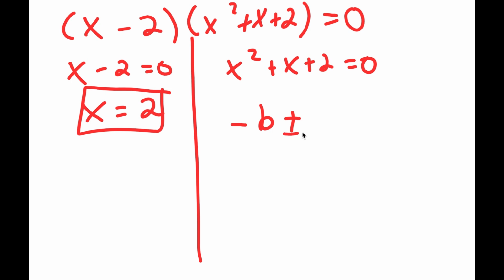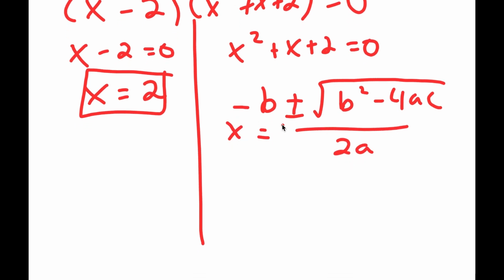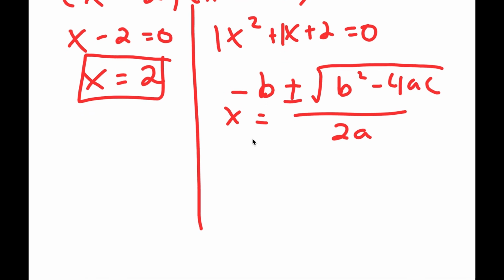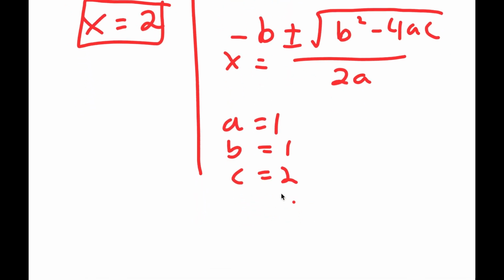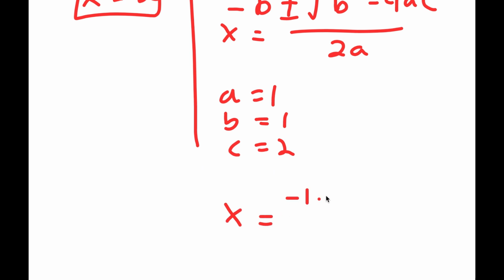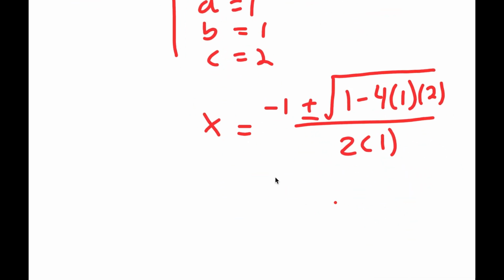quadratic formula, which is negative b plus or minus the square root of b squared minus 4ac all over 2a. So in this case, a is 1, b is 1, and c is 2. So I get x is equal to negative 1 plus or minus the square root of 1 squared, which is 1, minus 4 times 1 times 2 all over 2a.